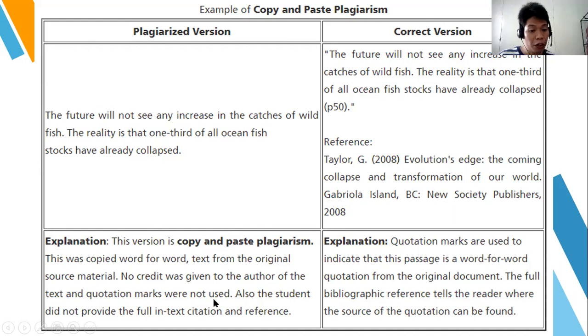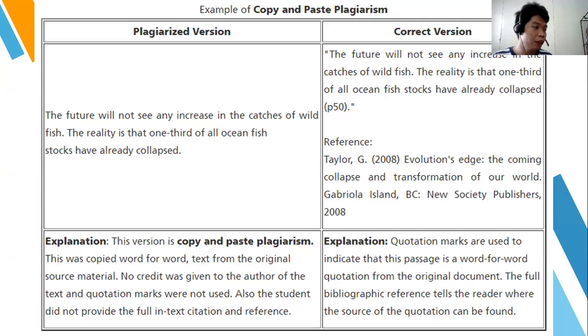This was copied word for word, text from the original source material. No credit was given to the author of the text and quotation marks were not used. Also, the student did not provide the full in-text citation and reference. So, the problem with this one is that first, hindi na-cite yung author. Second, hindi na-provide ng reference.